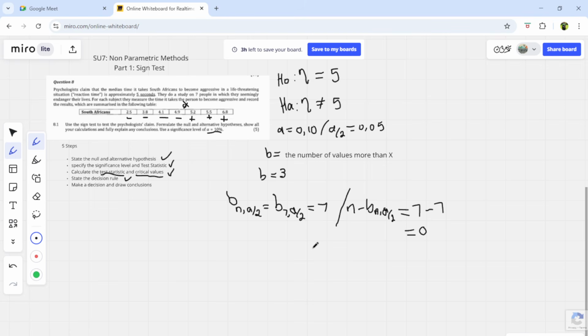Now here, because it's two-sided, there are two parts to the decision rule.